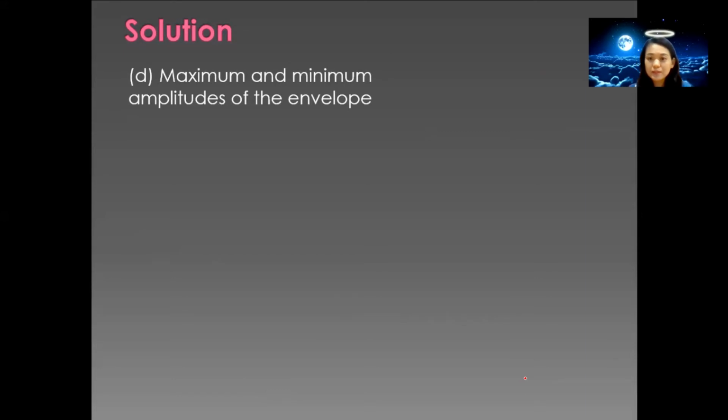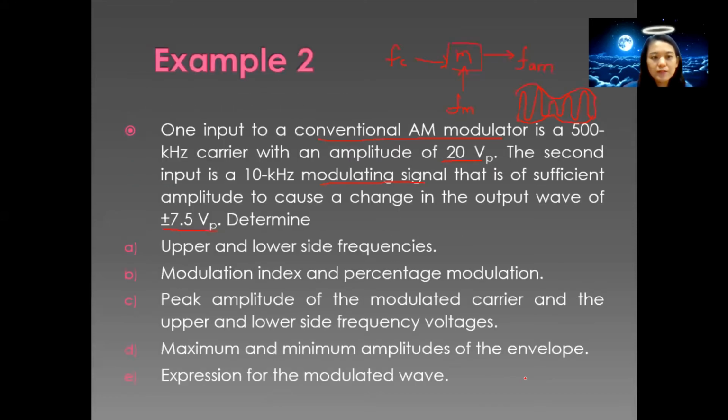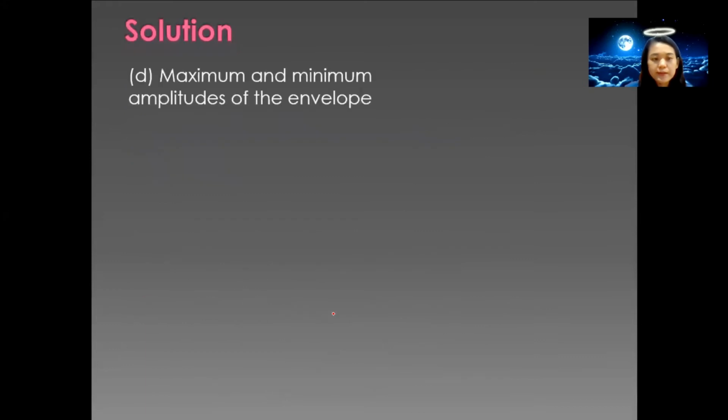Then we go to C. Before we go to C, we have to calculate D first in order to get C. For the D, the question is to find the maximum and the minimum amplitude of the envelope. We only can find the peak amplitude for the carrier. Okay, D, maximum and minimum amplitude for the envelopes.